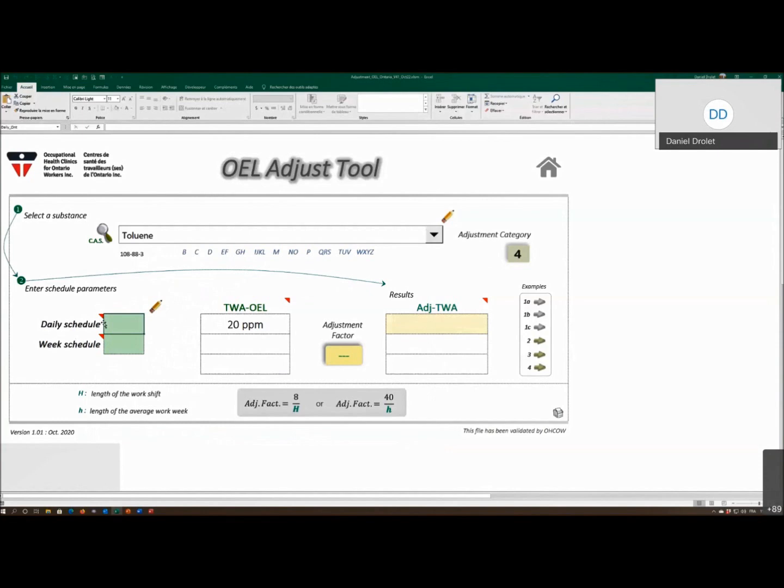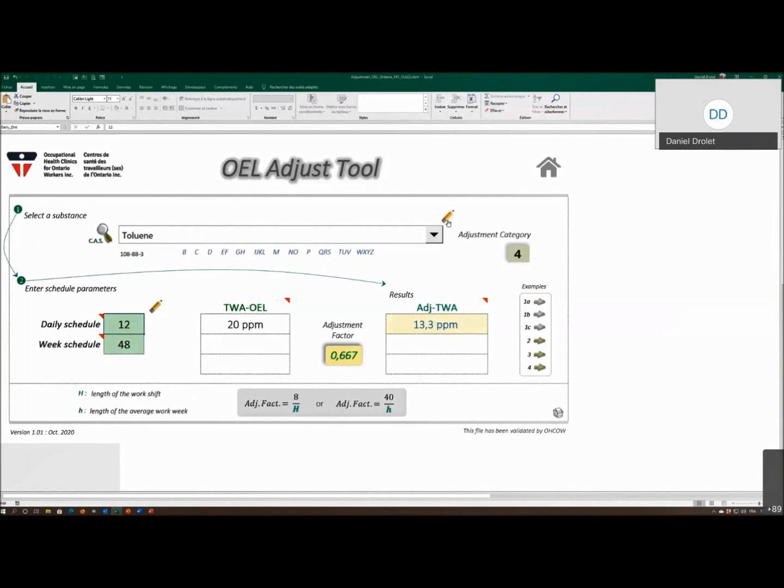So I have two green cells. So I have to enter the daily schedule and the week schedule. And when I enter these two values, I have the OEL, the adjustment factor, and the result of the adjusted TWA.